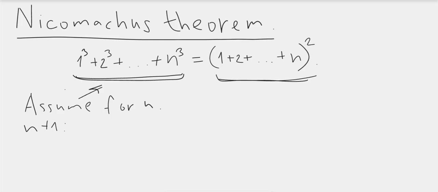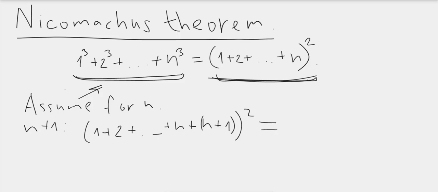For n plus 1, let's start from the right side. Here we have 1 plus 2 plus and so on plus n plus 1, all of this squared. We are going to expand this as 1 plus and so on plus n, squared, plus 2 multiplied by 1 plus and so on plus n multiplied by n plus 1, plus n plus 1 squared.